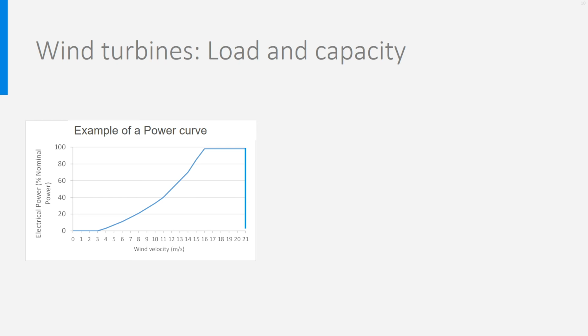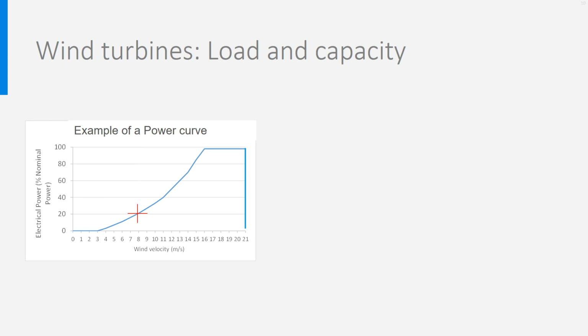8,760. For instance, in the Netherlands, the average velocity at the height of 100 meters is around 8 meters per second, meaning that a turbine of this height would produce annually 20% of its rated power times 8,760, which is 1,752 times the rated power. 1,752 is the number of equivalent full load hours.